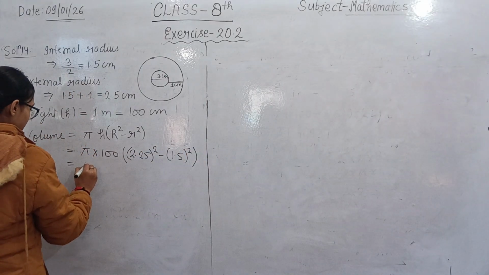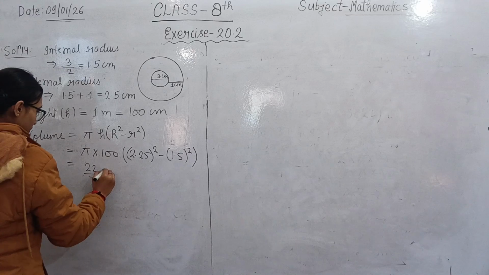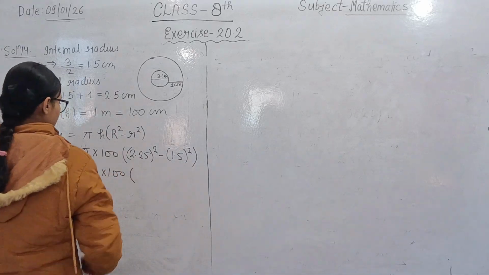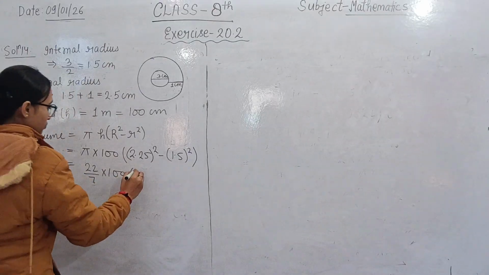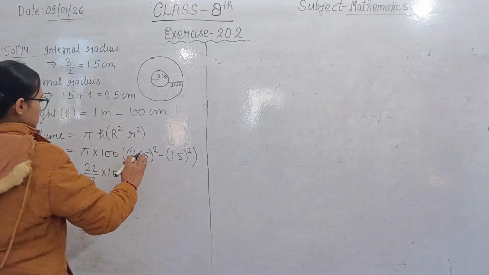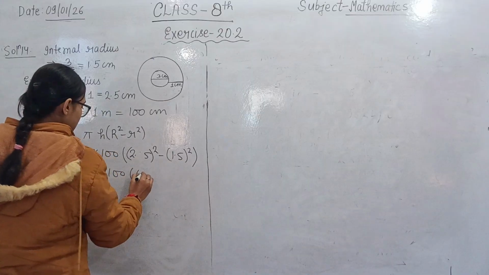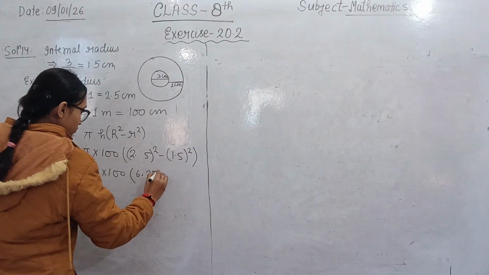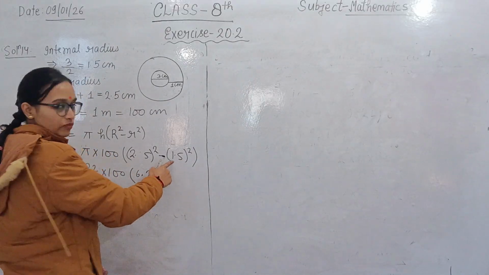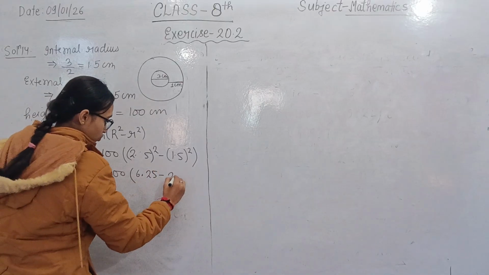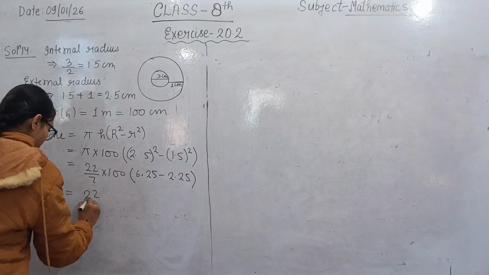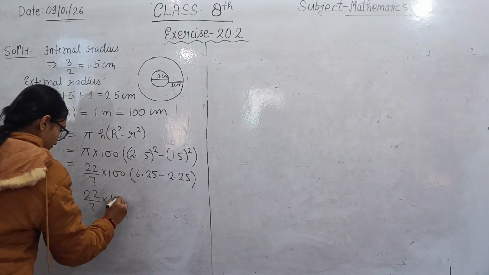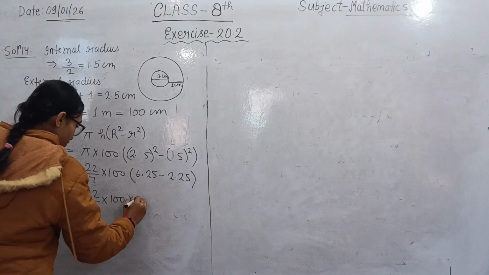Here we will write 22 upon 7 multiplied by 100. Multiplying 2.5 two times, we get 6.25. Minus 1.5 multiplied by 1.5, we get 2.25. 22 upon 7 multiplied by 100. When we subtract it, we get 4.